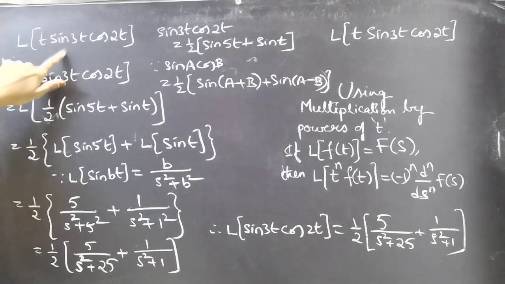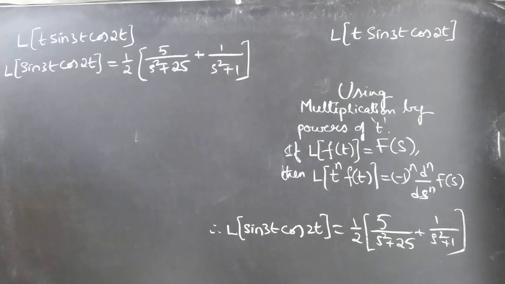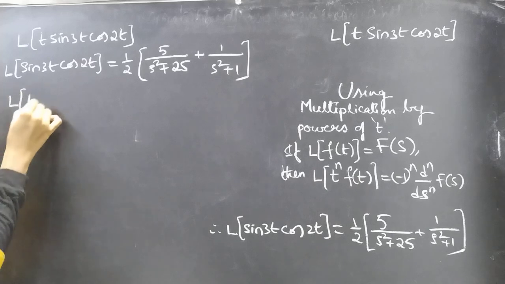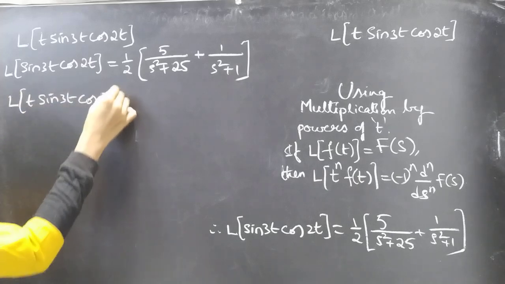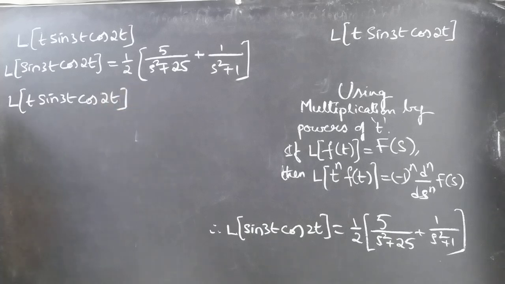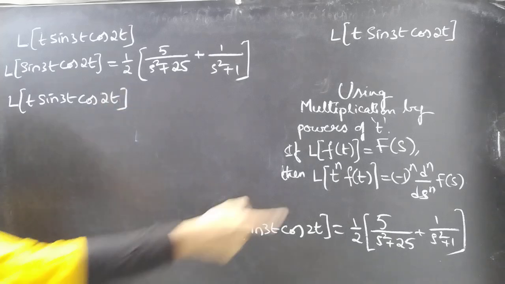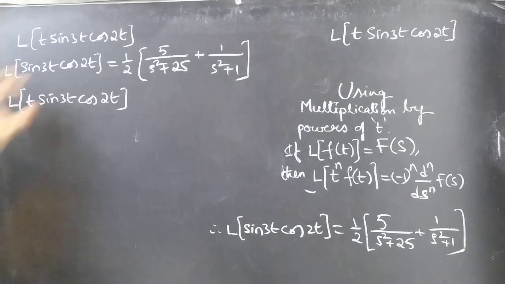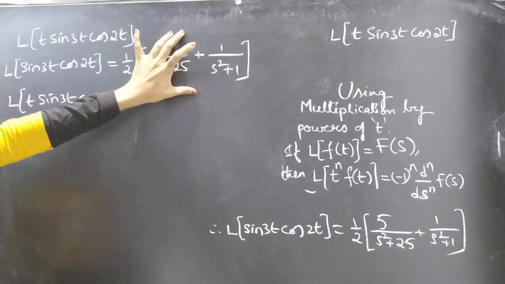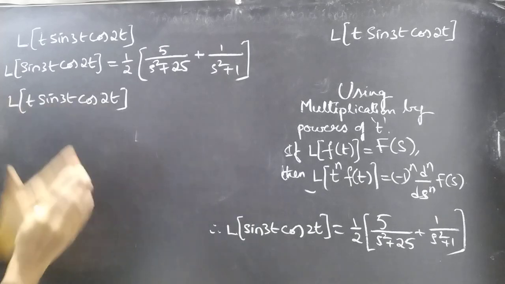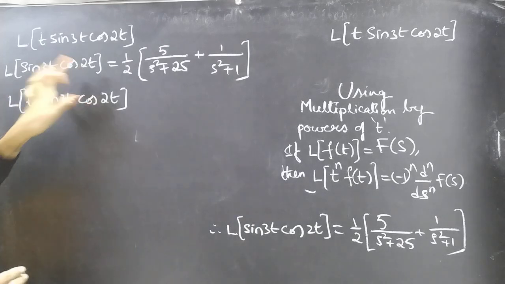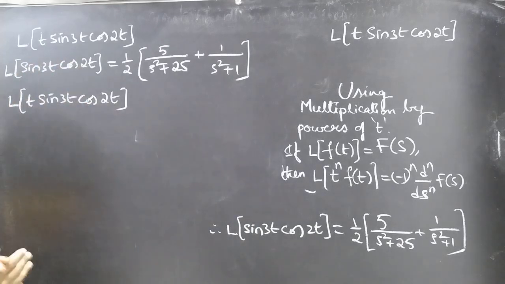Now coming to L of t sin 3t cos 2t. Just compare this with the formula: if L of f of t equals F of s, then L of t power n into f of t. Here sin 3t cos 2t is considered as f of t.